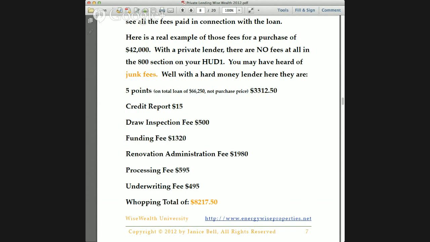All right, so let me now switch over to a different spreadsheet where we're going to look at an example of a property, and we're going to be able to talk to our private money lenders about that particular example. So first, I'm going to give you a link to a spreadsheet that I did showing an investment comparison.